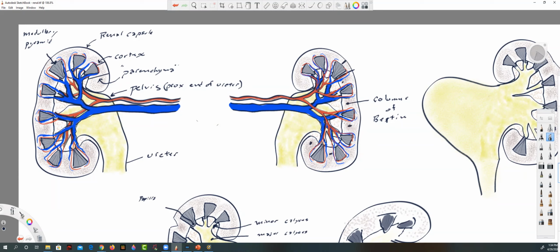Let's see. We talked about the vascular anatomy yesterday, so we don't need to rehash that. Okay. Oh, and one thing I'll mention also is this fat, and there's so much going on in the sinus. The whole thing is the sinus.